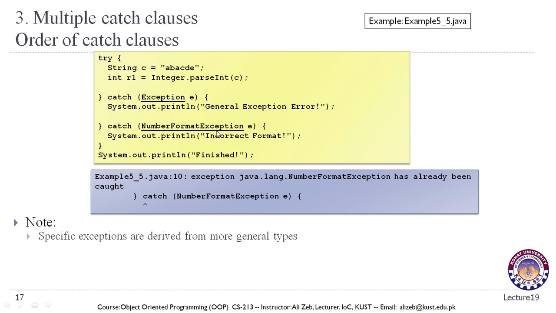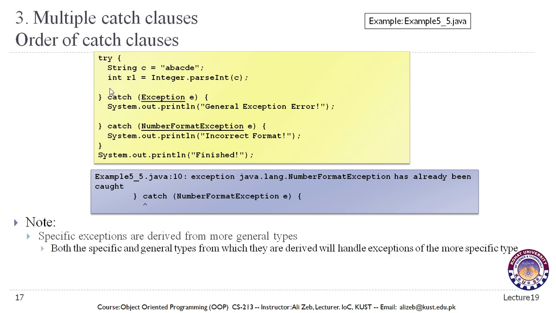The number format exception is a specific exception that has been derived from the general exception class. Both the specific and general types from which they are derived will handle exceptions of the more specific types. And the reason for that is, since an object of this subclass will be an object of the superclass, this catch block that is executed first will handle that exception before even reaching the next catch block.